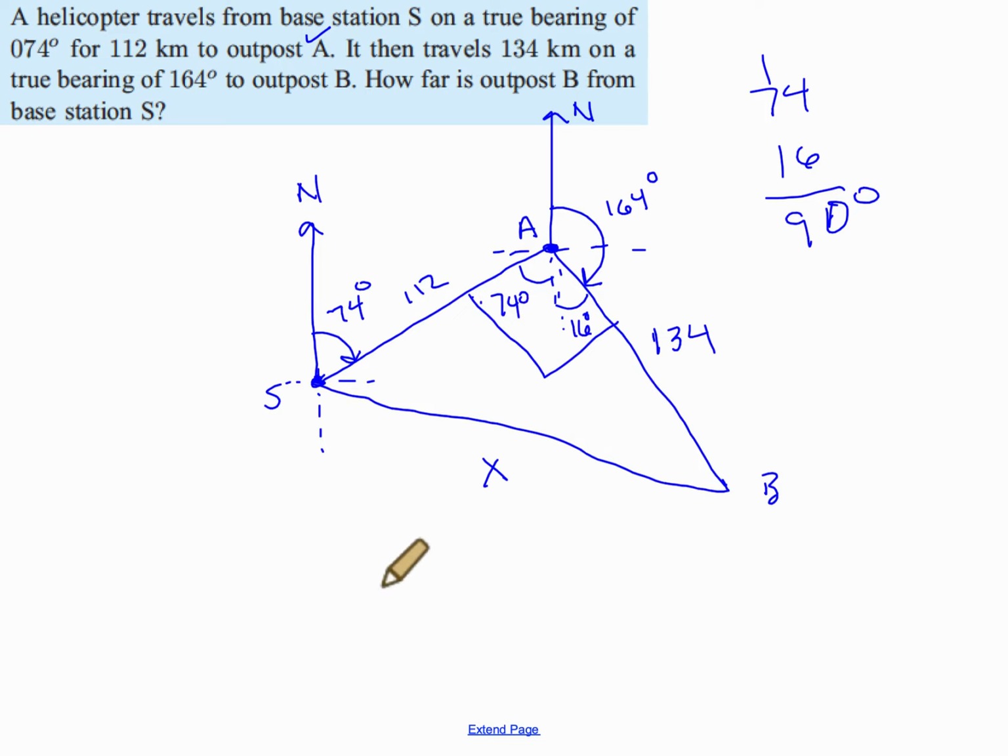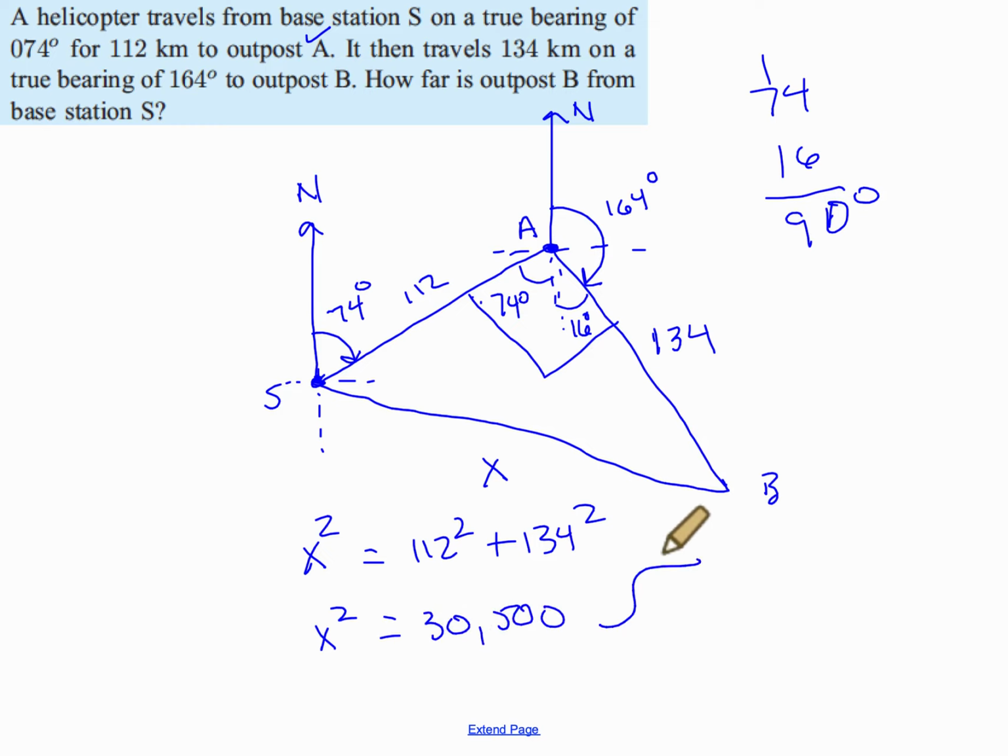So I can find this distance using my good friend Pythagoras. X squared is equal to 112 squared plus 134 squared. X squared is equal to 30,500. X is equal to the square root of 30,500.